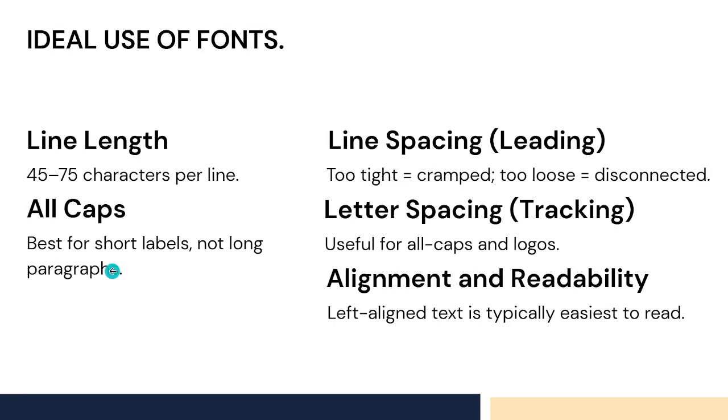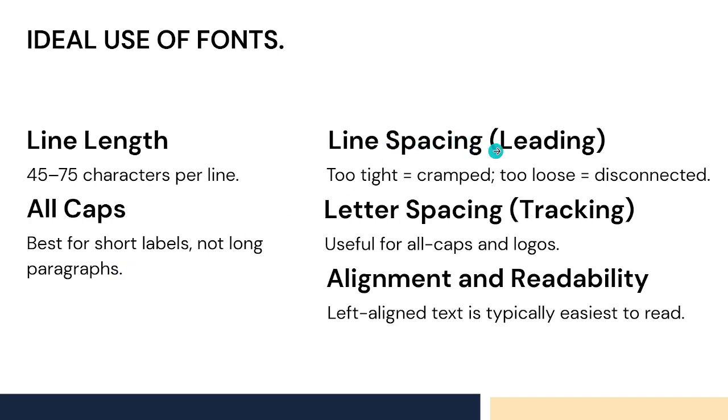If you use capital letters all through a long paragraph, it will make the text too hard on the eyes of the people reading it. So all caps, like putting a word in capital letters all through, is best for short labels or short phrases, not long paragraphs.